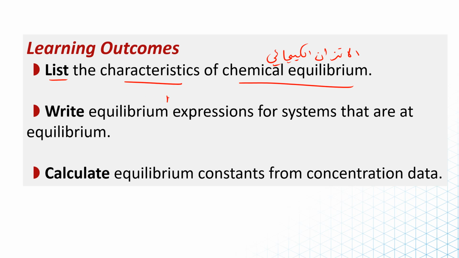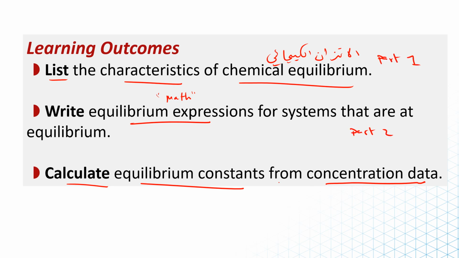So we will write some mathematical expressions that show us how the system behaves at equilibrium, and then we will use these expressions to calculate the equilibrium constant from concentration data. Okay, so we'll have some calculations. So this is part 1, this is part 2, and this is part 3 of the video.